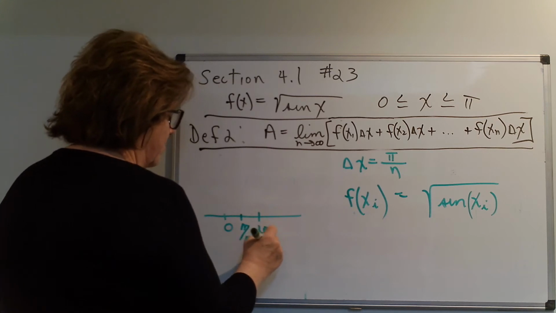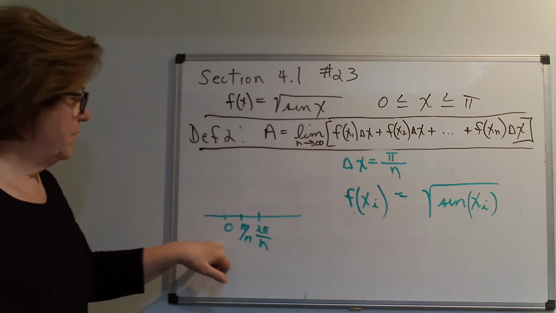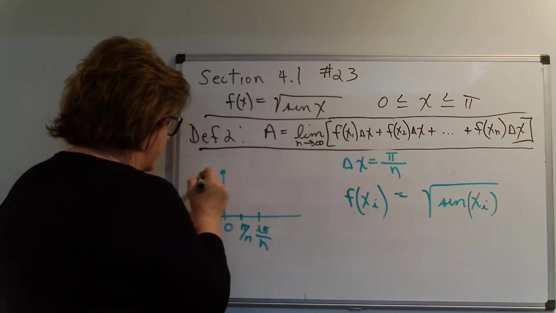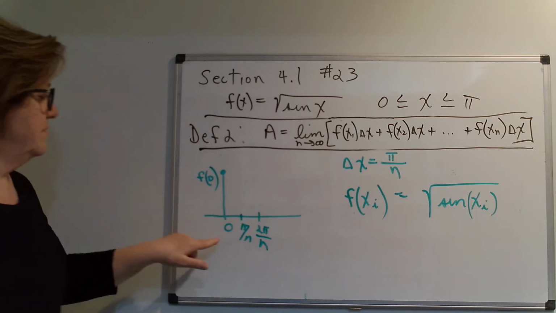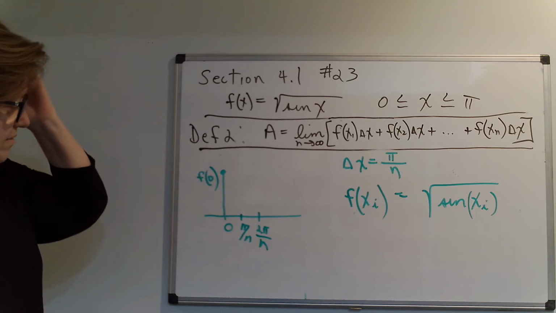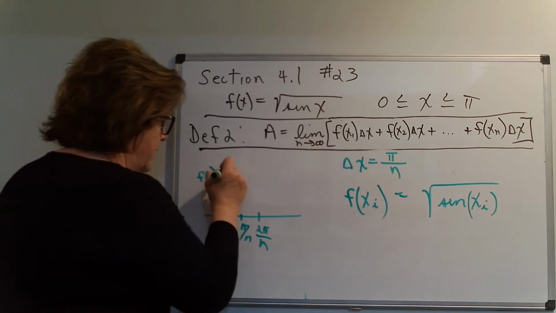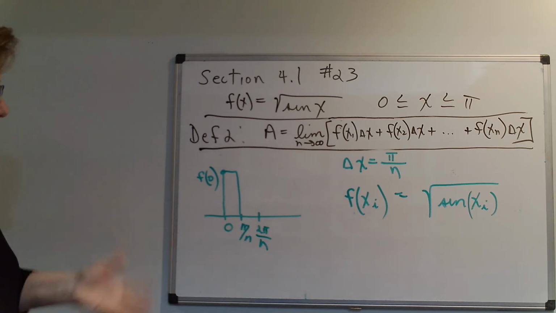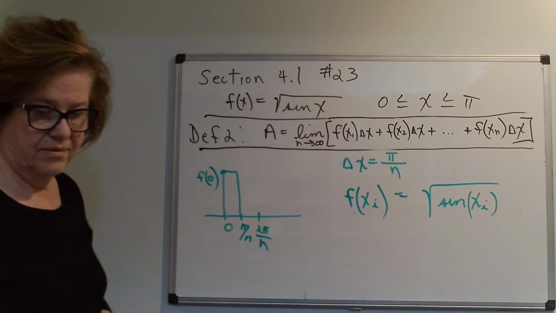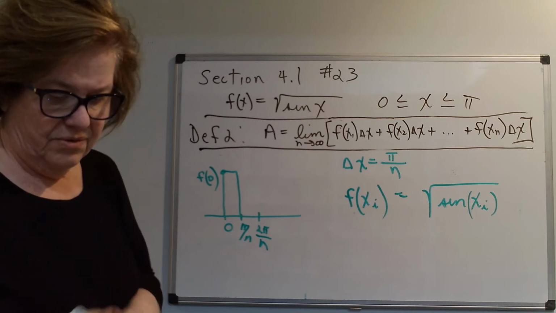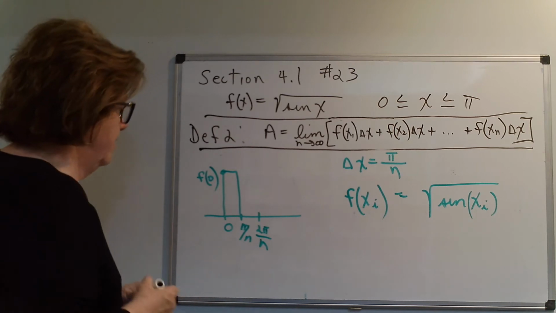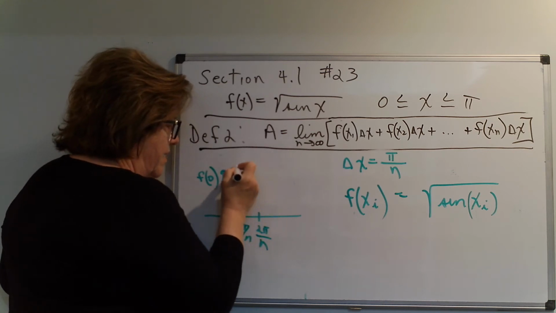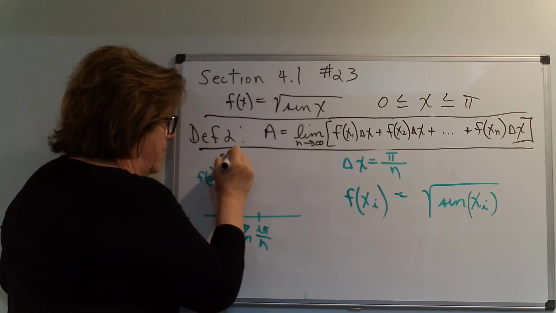The left-hand sum, sorry. So the first rectangle would be whatever this height is, would be f at 0, whatever that height is. And the width would be like this, right? Pi over n. The next rectangle would still be pi over n, but its height would be f at pi over n.